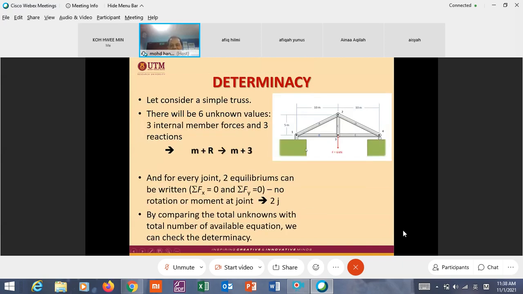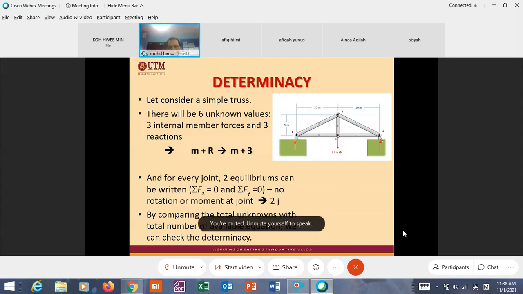What happens if it is less than 3? For example, one here, and this is a roller.